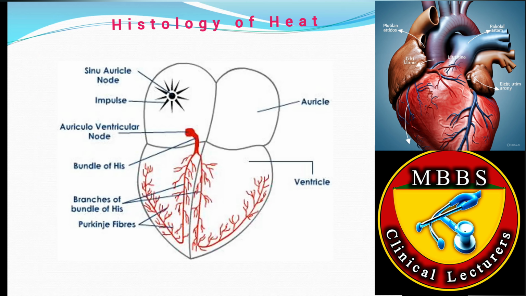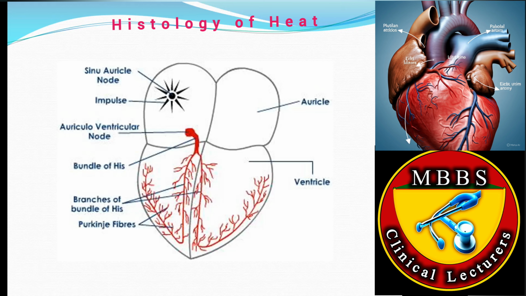Here in this diagram also we can see the SA node and its generating impulse, then it comes to the atrioventricular node, then goes to the bundle of His, which bifurcates into two, left and right side. The left side is called the left bundle branch and the right side the right bundle branch.